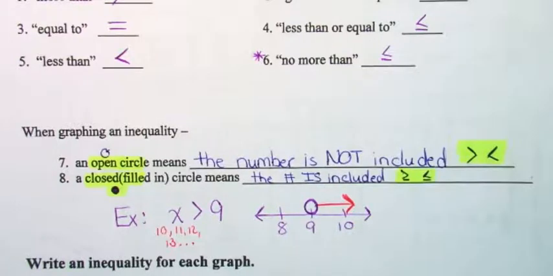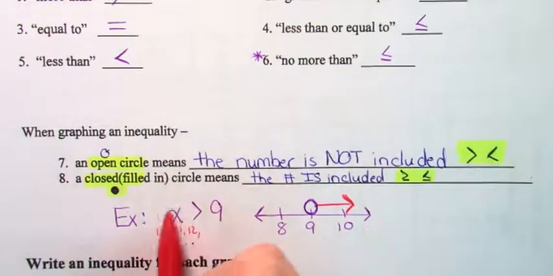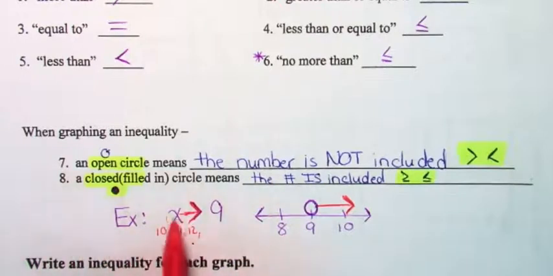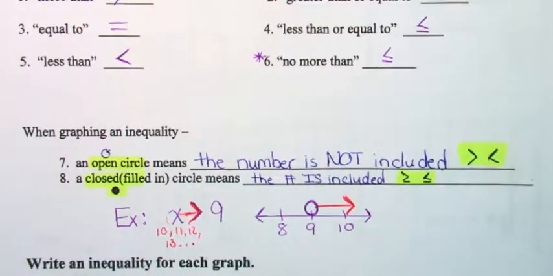Another way to help us remember this, we said if the variable or the letter is first, we can just turn our inequality symbol into an arrow. And whichever way that arrow points is the way it'll point on the graph. If your number had been first, it would point the opposite direction.